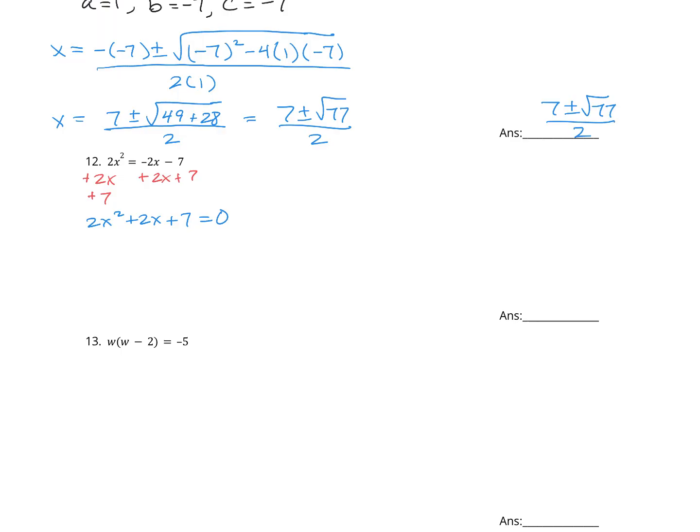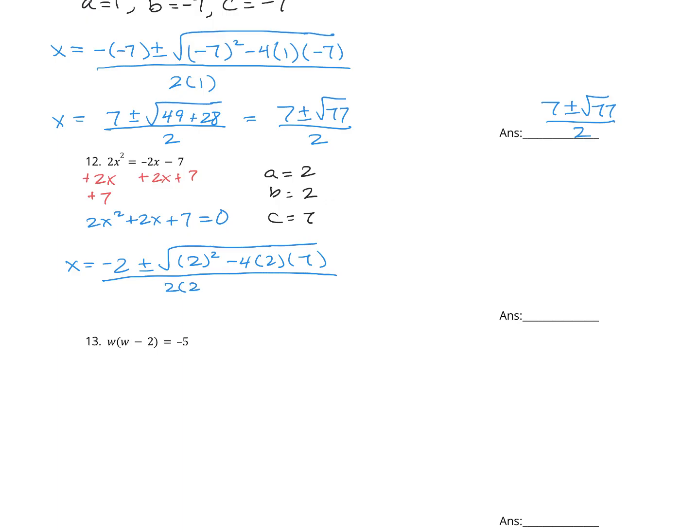Once again, we read off the A, the B, and the C numbers. This time around, the A is 2, the B is coincidentally 2 as well, and the C is positive 7. So when I solve my quadratic equation, I'm going to have negative B, which is negative 2, plus or minus square root of 2 squared minus 4 times 2 times 7. That's my 4AC again.